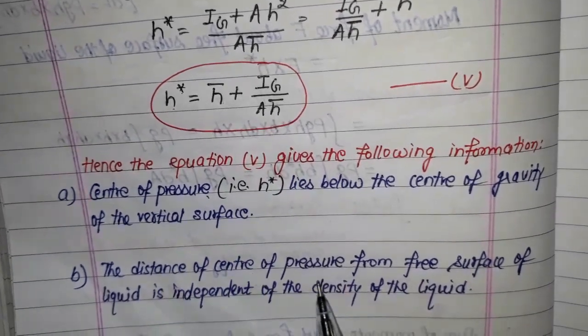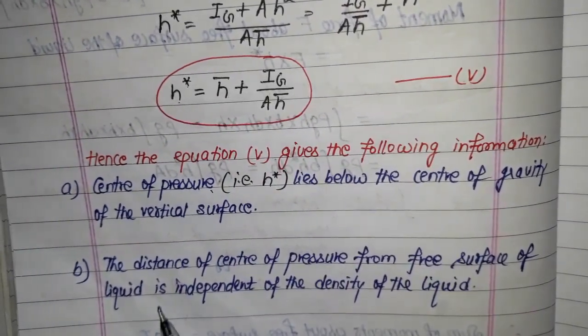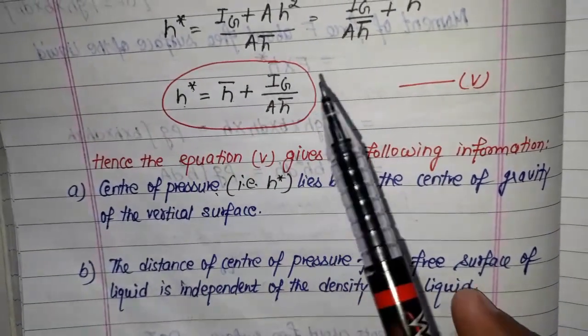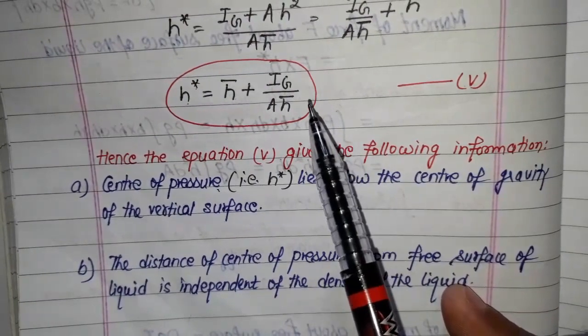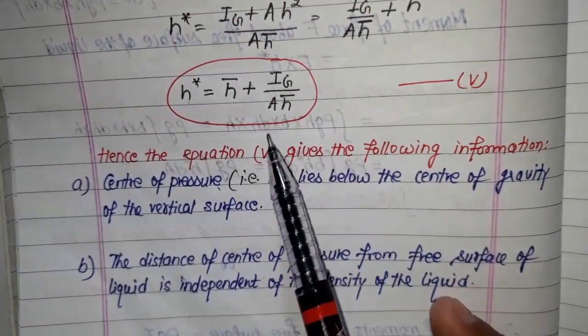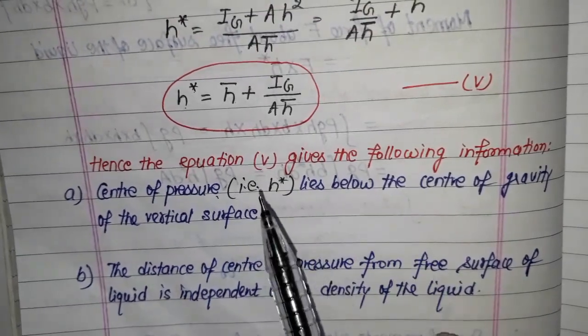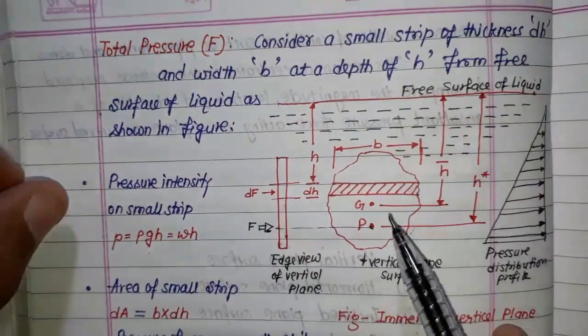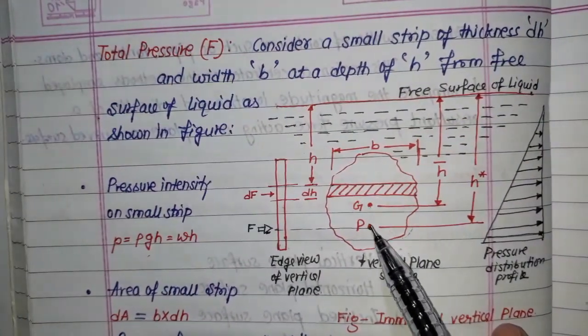The distance of the center of pressure from the free surface of liquid is independent of the density of the liquid, because there is no density in this formula. From this expression we can say the center of pressure lies below the center of gravity, as we can see in the diagram, where point P lies below point G.